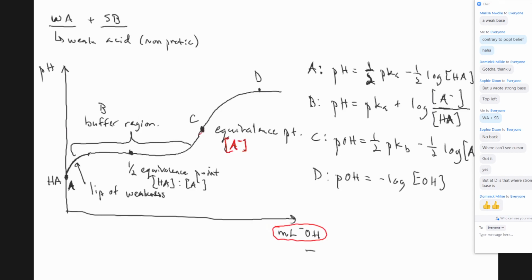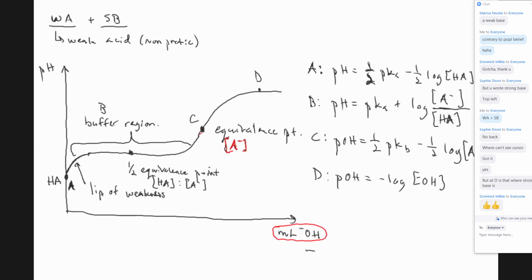Does that make sense? This is why you can't just open that burette and let all that drop down. Okay. Any questions? Cool.